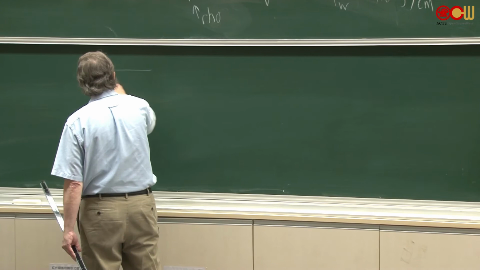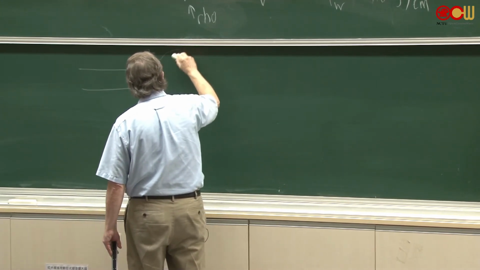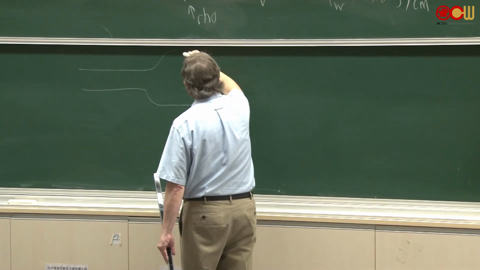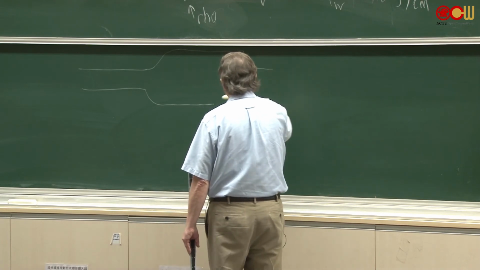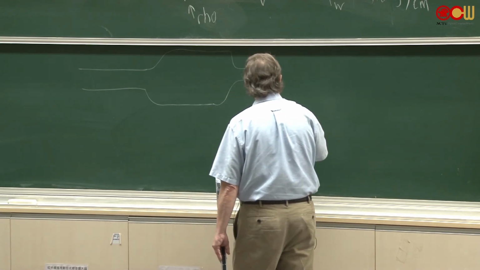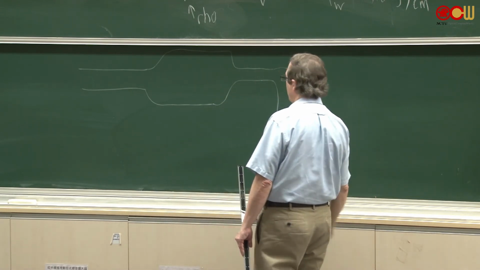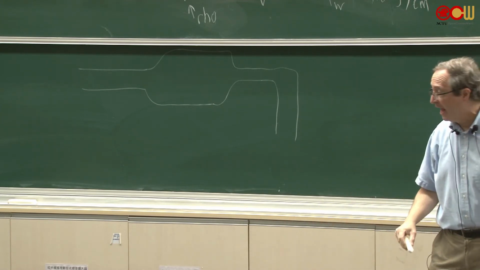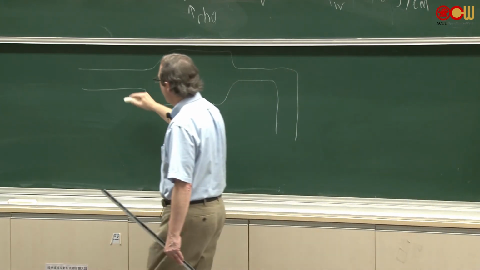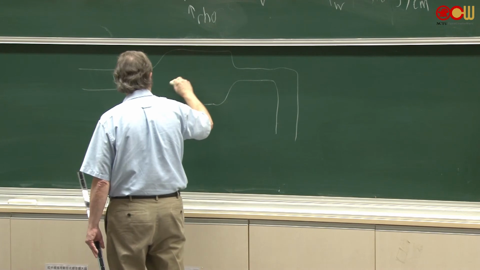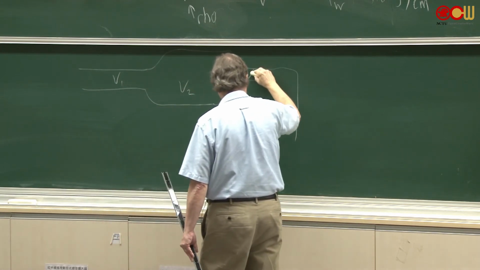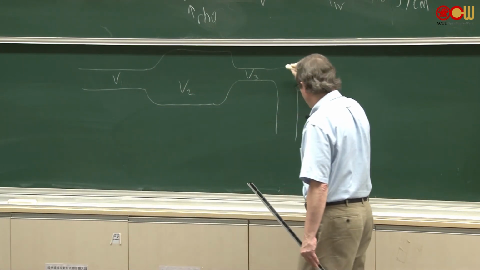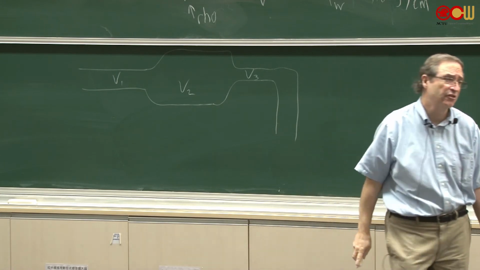You can have a tube like this, and the tube can expand up like that, and then come down, and then it could go down like this. There are all kinds of things like that. And at each point, you'll have a velocity. We could call this v1, v2, v3, and then all along here, the velocity will change.